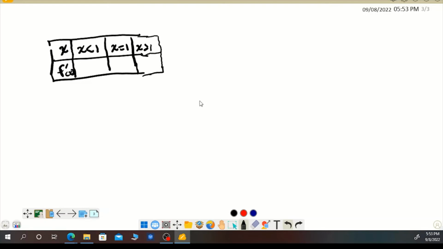So when I'm considering the first range, I'm first going to write f dash x here. f dash x equals 9 times (1 minus x) divided by (x minus 3) cubed. So when x is smaller than 1, 1 minus x is positive, and x minus 3 is negative.